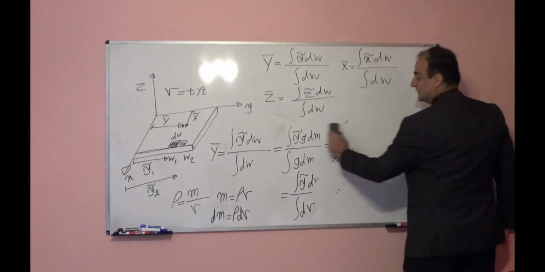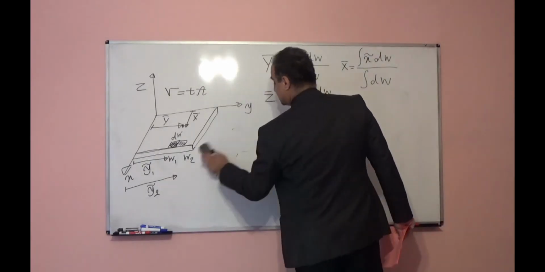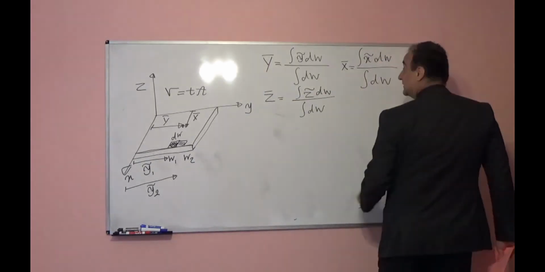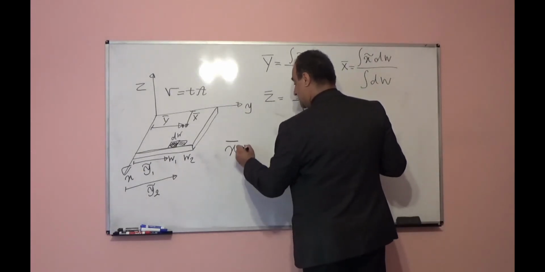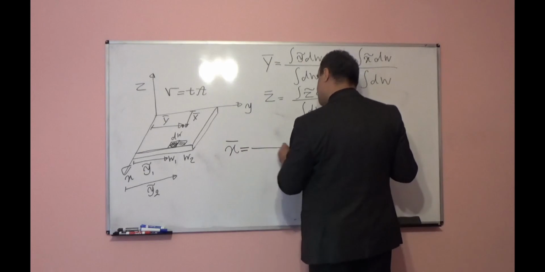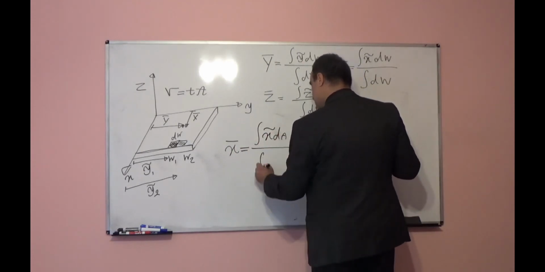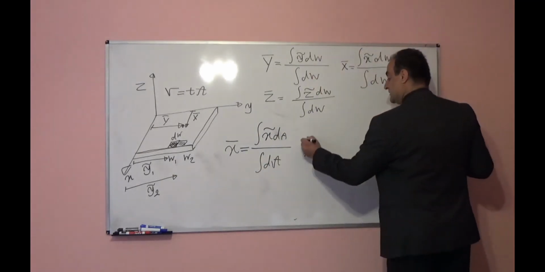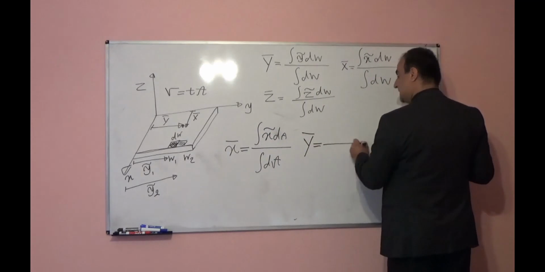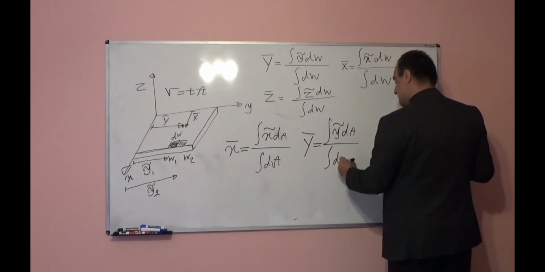From here, I can write finally, for center of area, for example, x bar is equal to integration of x tilde dA divided by integration of dA. Center of area y bar is equal to integration of y tilde dA divided by integration of dA.